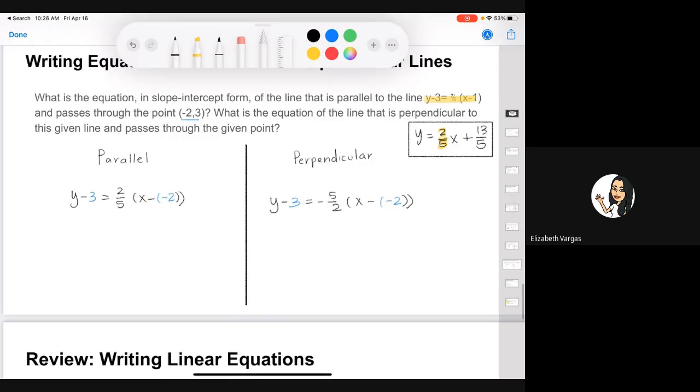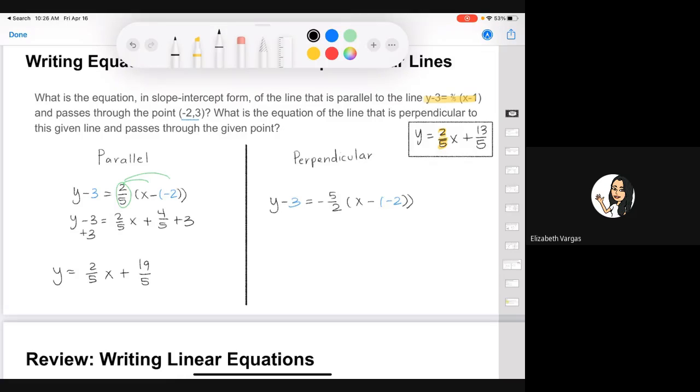What are the equations going to be for these lines? Again, I distribute here. Plus 3, y equals 2 over 5x plus 19 over 5.